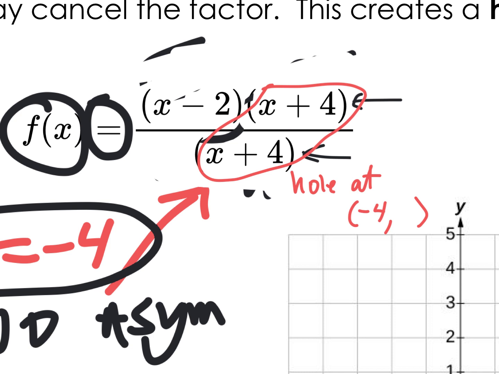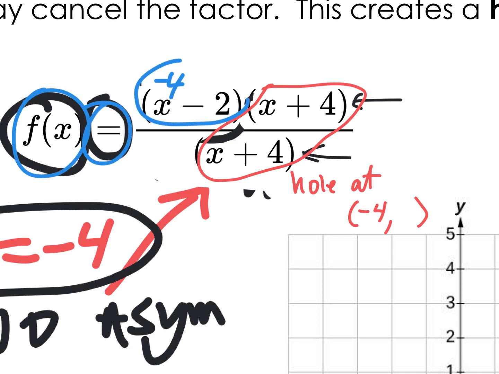All right, so if I put in a -4, well, the whole function would die, but the y value would end up at, see, y is -6. That's where the hole would be. These are different than asymptotes. Asymptotes is a dotted line there.